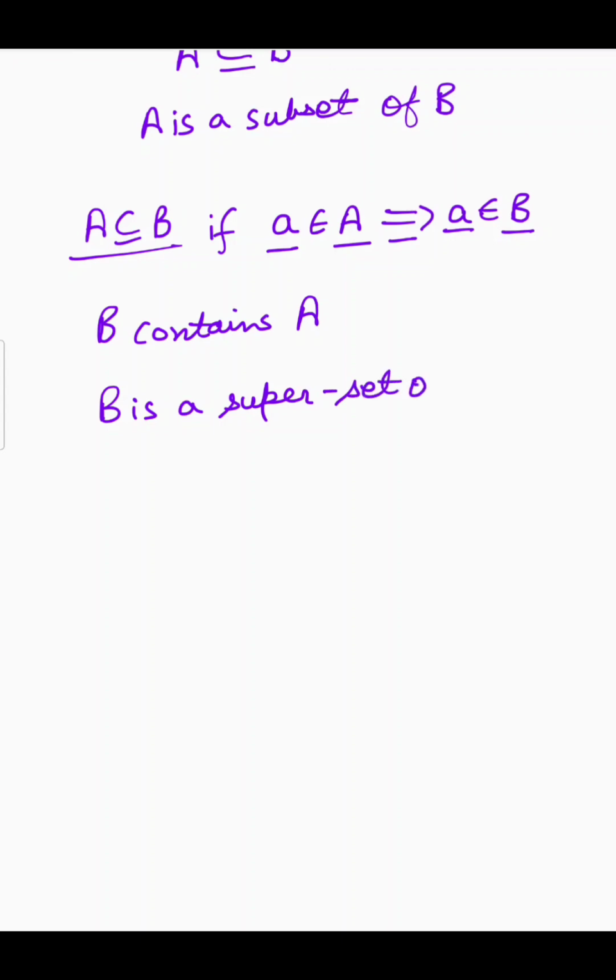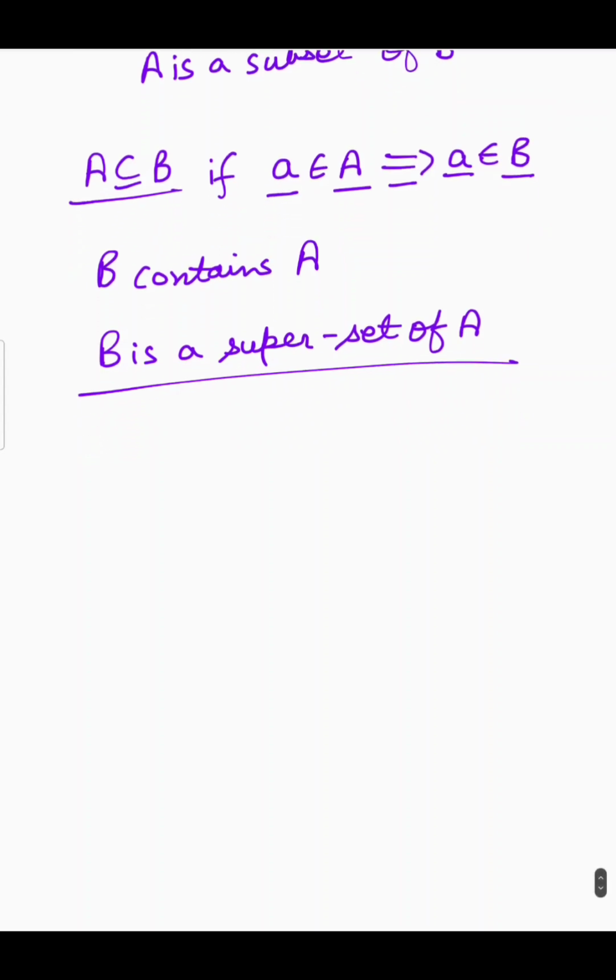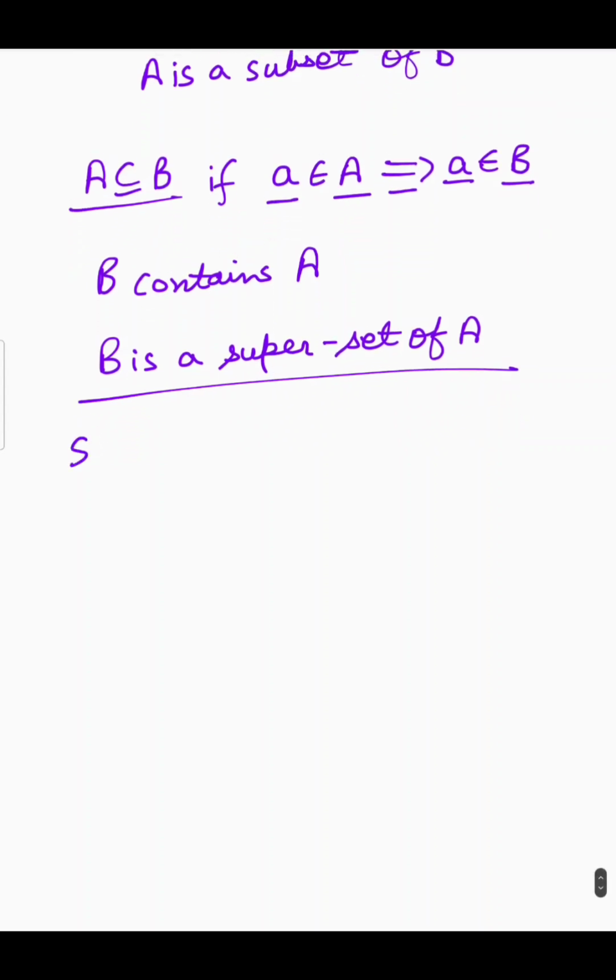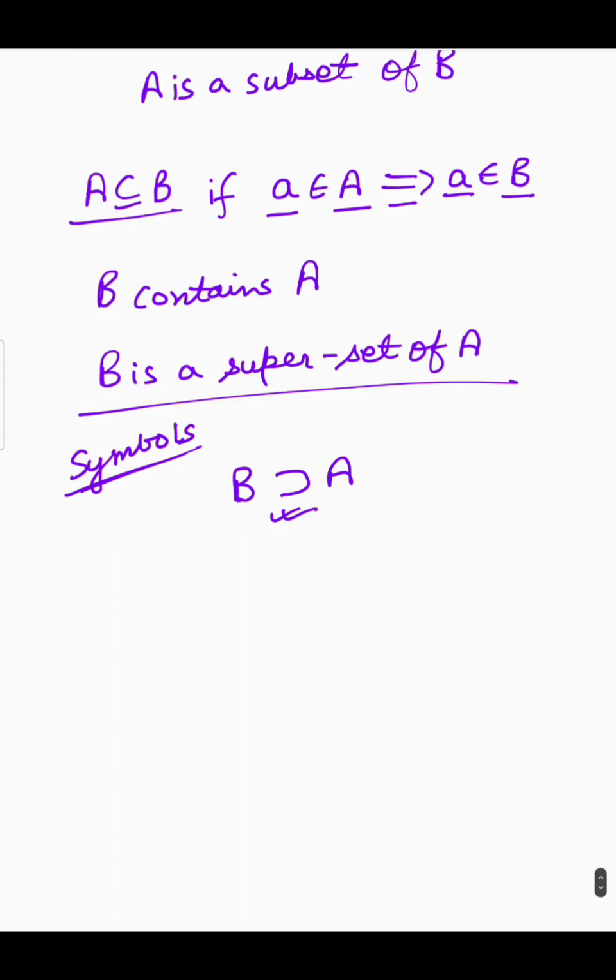B is a superset of A. We can write this. B is a superset of A. In symbols, we can write that B is a superset of A, and the symbol is this.